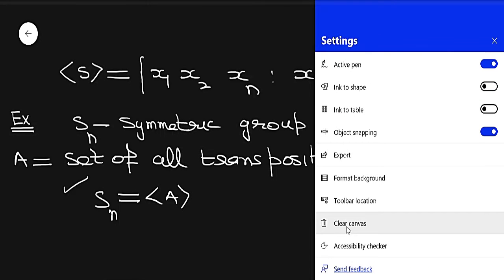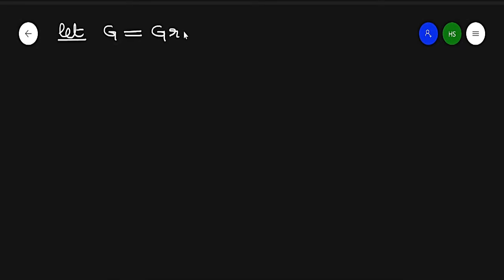Now the next definition, which is the commutator of elements. Let G be some group, and a, b two elements belonging to G. What is the commutator of these two elements? It is a inverse, b inverse, a, b.